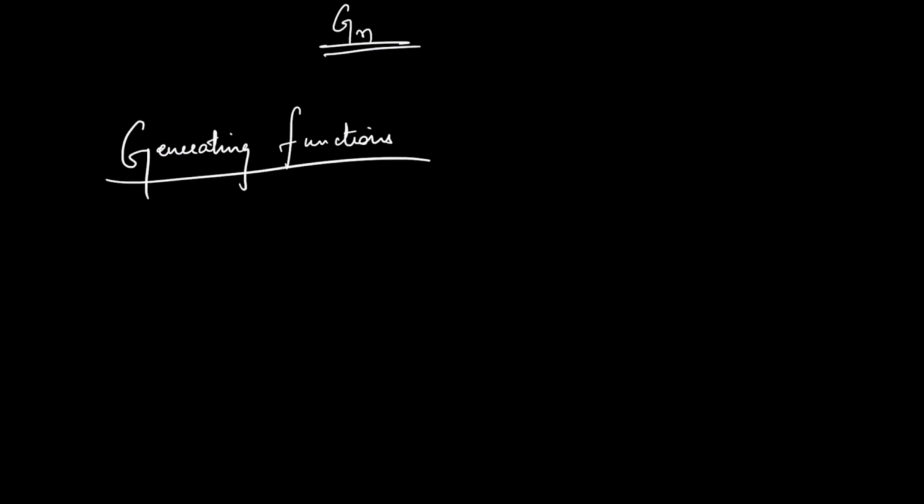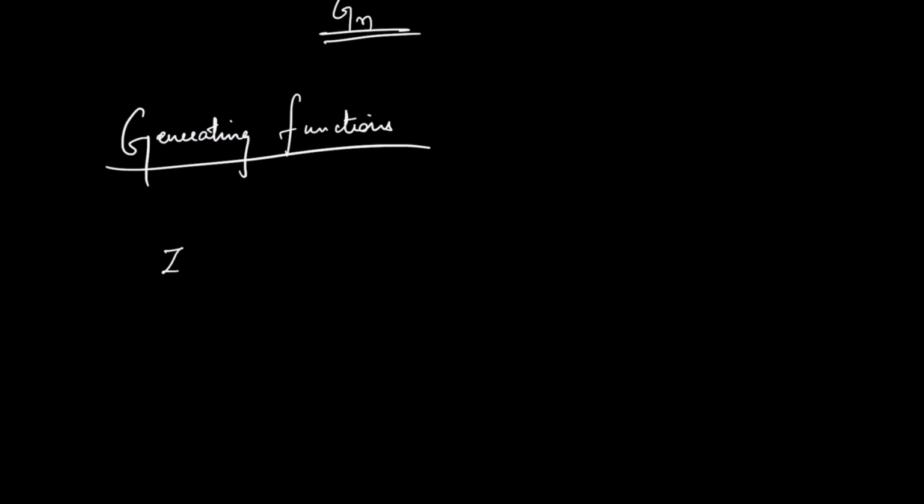So what are generating functions? You might have already learned them in special functions in mathematical physics. Suppose you want to integrate something, for example, Z_n is equal to integral dx e raised to i lambda f of x times x raised to n. So I have an integral like this.